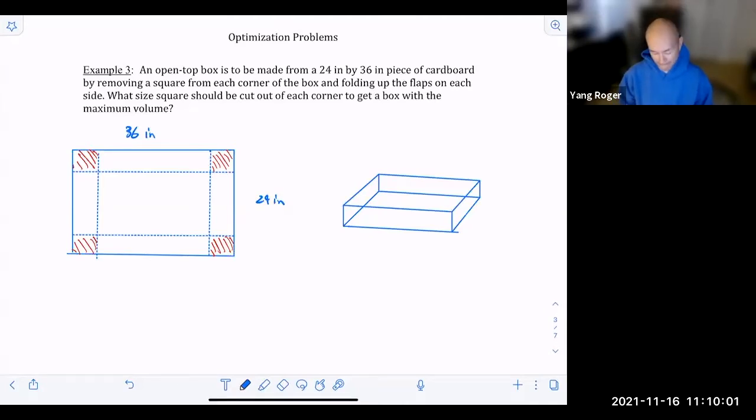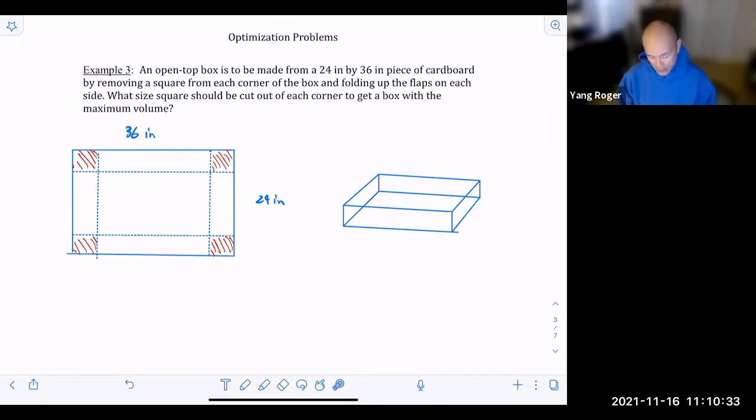All right. So they ask us, first of all, are there any questions about how we got this box? I haven't really labeled any variables yet, but I'm about to. No. Okay. So then it says, what size square should be cut out of each corner to get a box with the maximum volume?